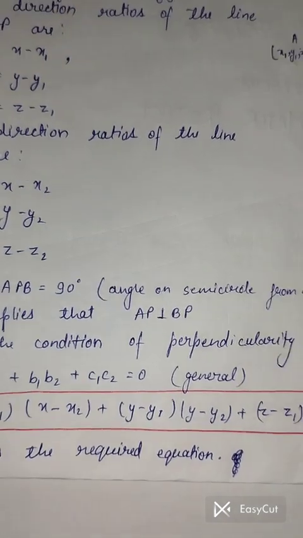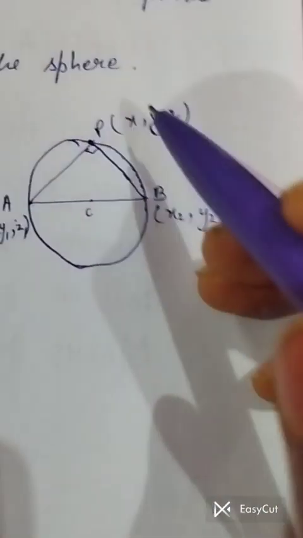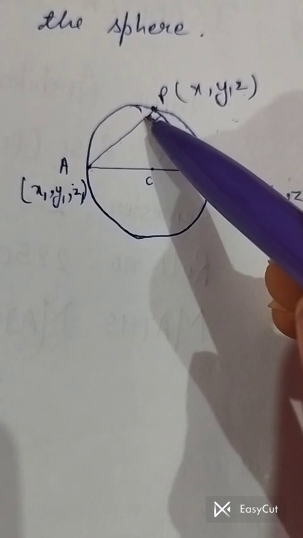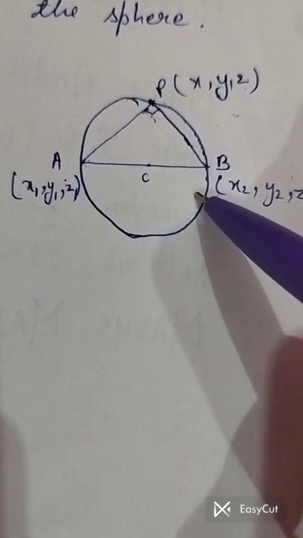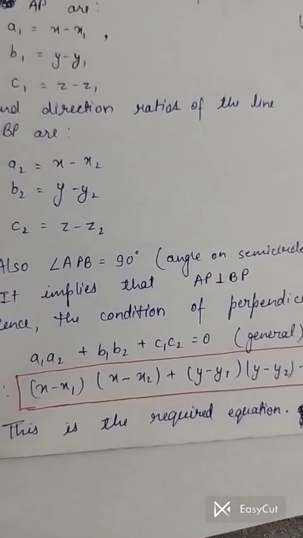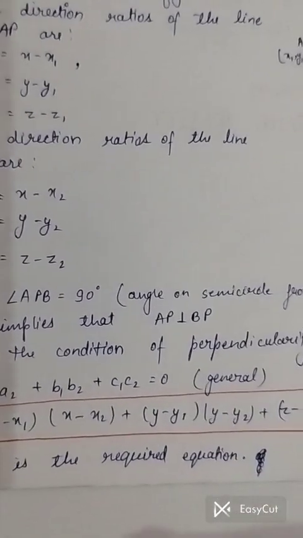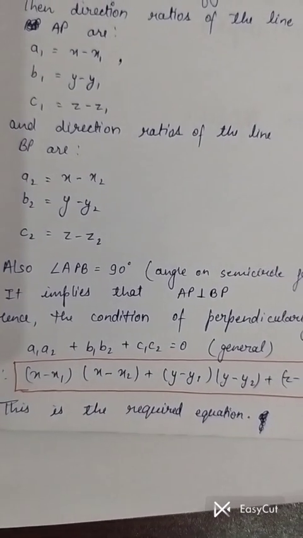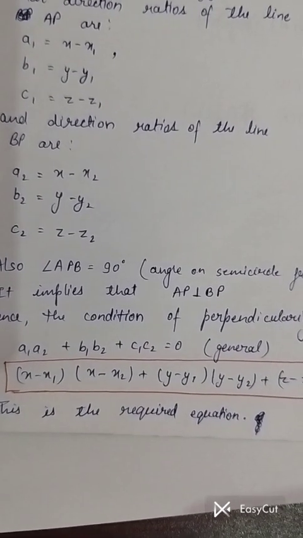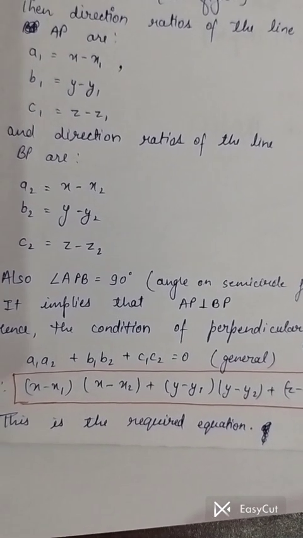It implies that AP is perpendicular to BP. Hence the condition of perpendicularity is, as we all know, A1 A2 plus B1 B2 plus C1 C2 is equal to 0. This is the general equation.